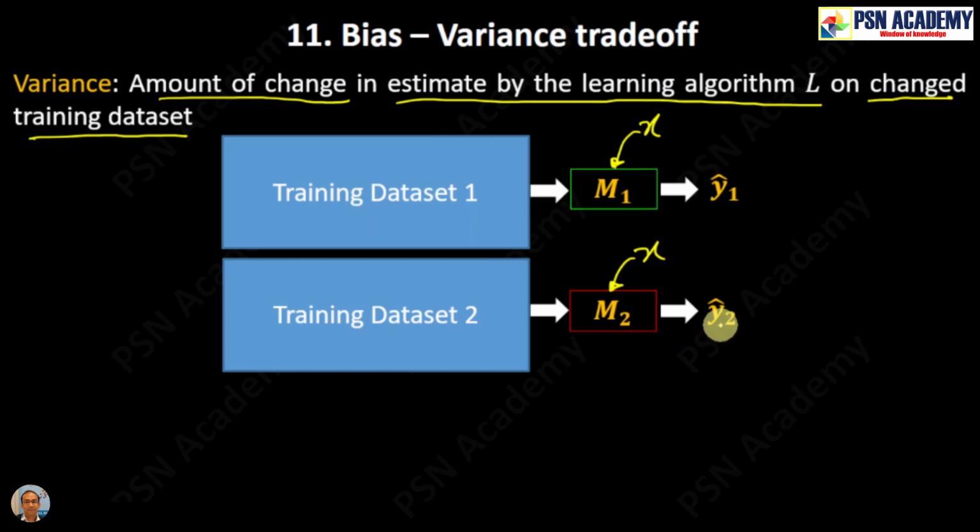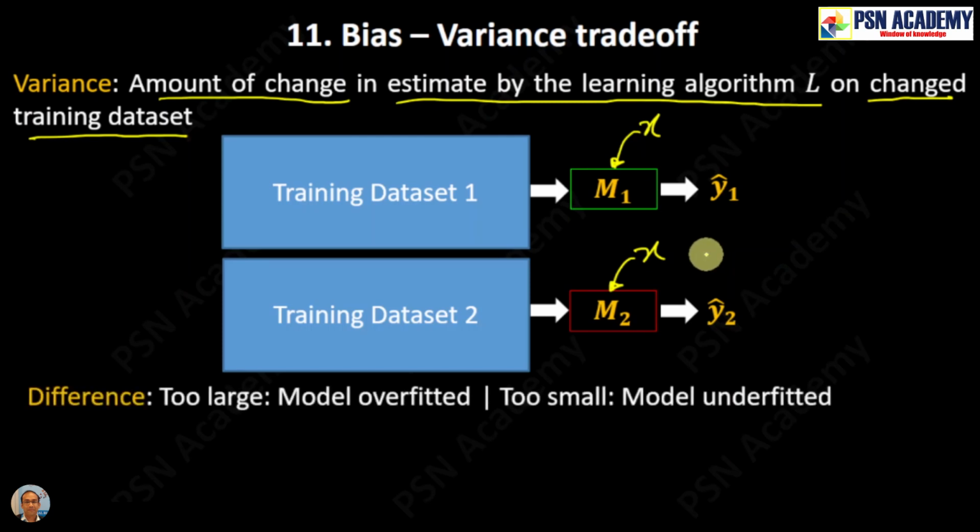Now, it is obvious that there will be a difference between this M1 and M2 because you have used two different kinds of training datasets, though you have used the same learning algorithm L. Due to this difference in M1 and M2, this y1 hat will be somewhat different than this y2 hat. Now, this is the change in the estimated y we are talking about, right?